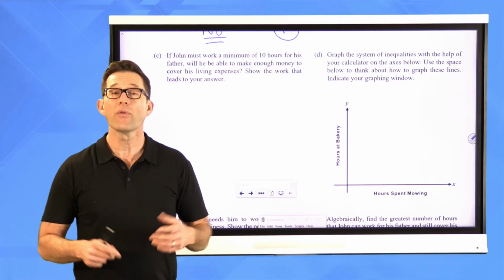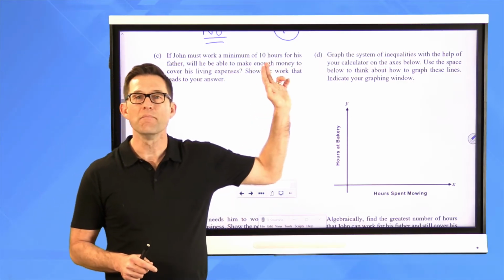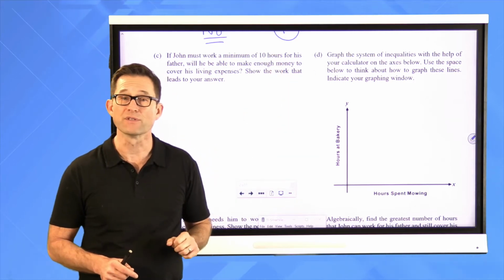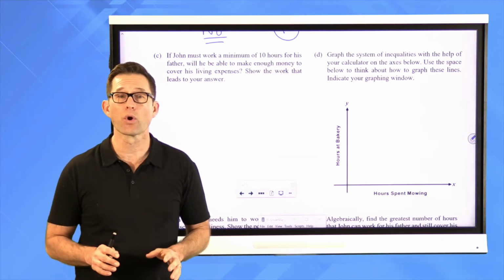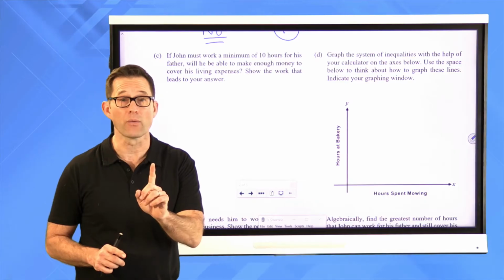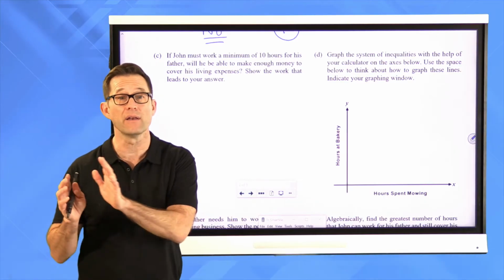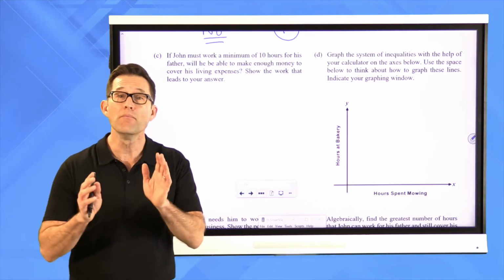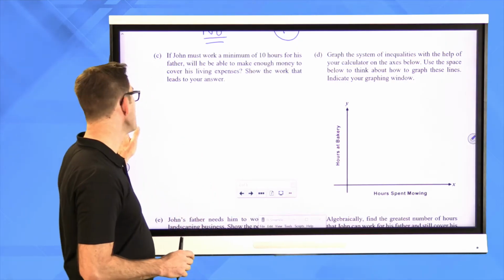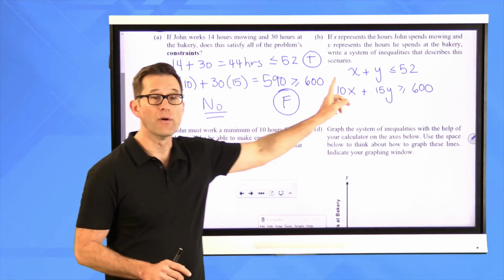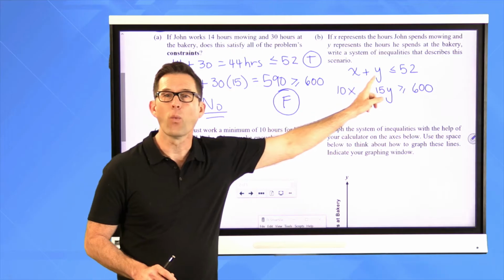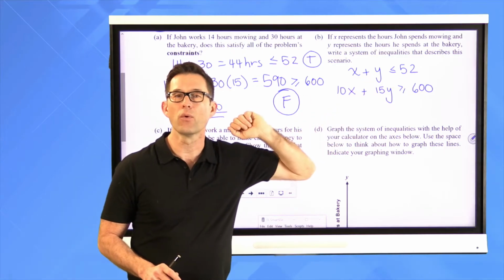All right, well, think about it this way. If he has to work a minimum of 10 hours for his father, then the most he could work at the bakery, where he makes more money, would be 42. He makes more money at the bakery than he does mowing for his father. So if x is equal to 10, then y would have to be less than or equal to 42.